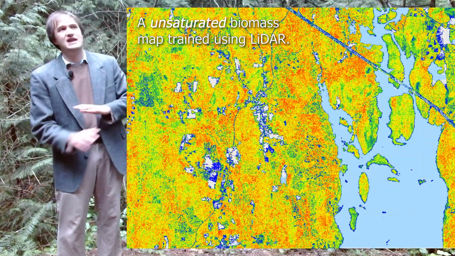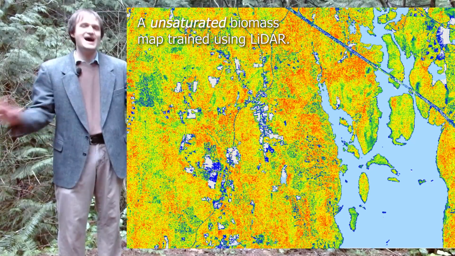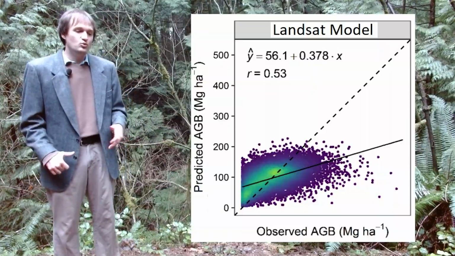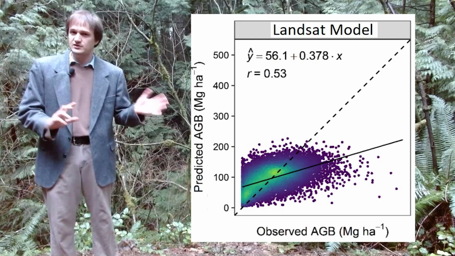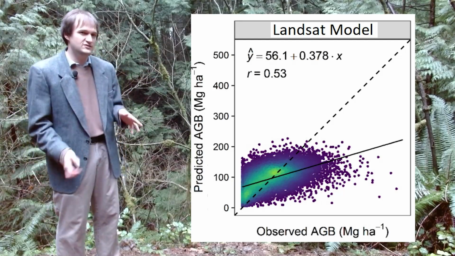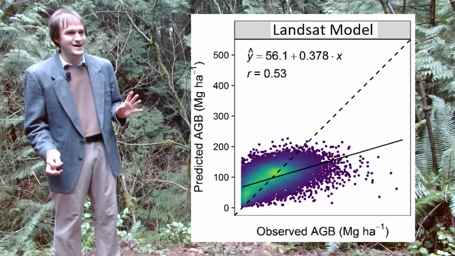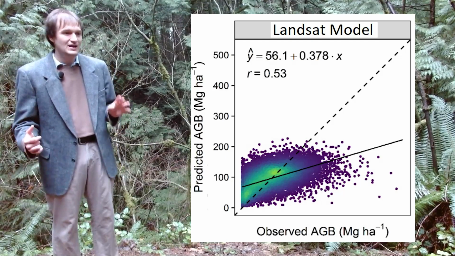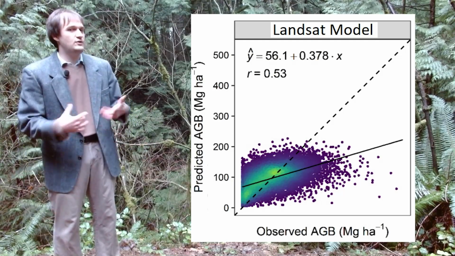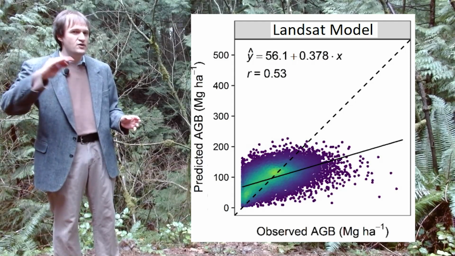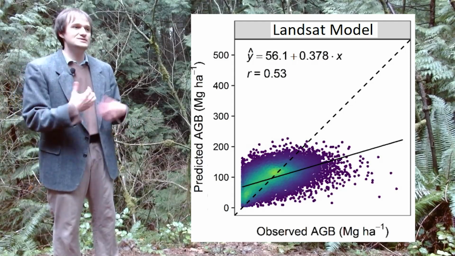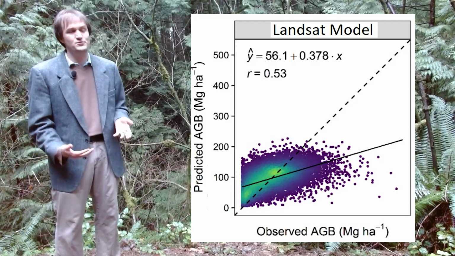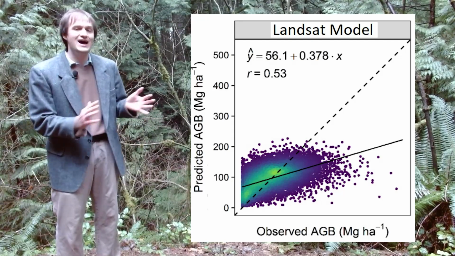So they may label anywhere that has forest as basically the average, the same value. On my left, you'll see a predicted versus observed figure. And what this is basically showing you is the actual biomass versus what the model is saying. And saturated models of all types tend to basically curve away from the one-to-one line. And what this means is that they're basically no longer predicting biomass very well in these high biomass forests.